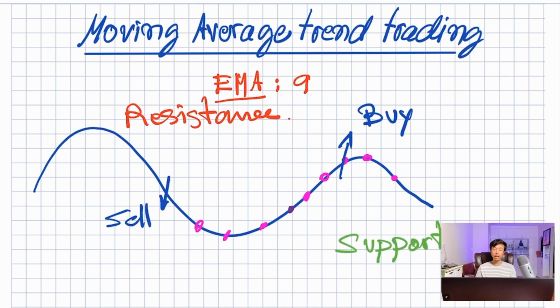And if the sell does not break, let me change into color red here, if it goes down but does not break, we call that the support is pushing. So this position is called buy.